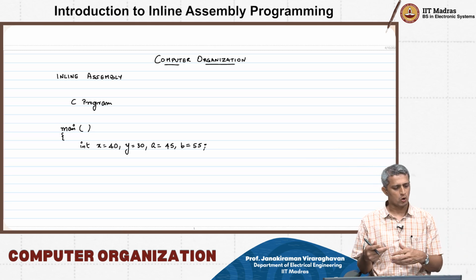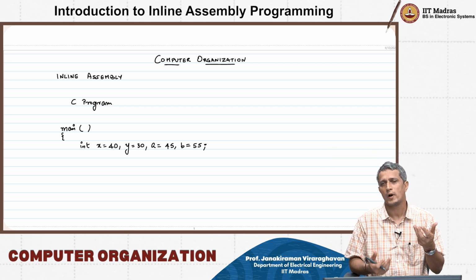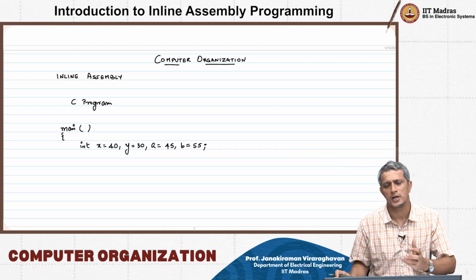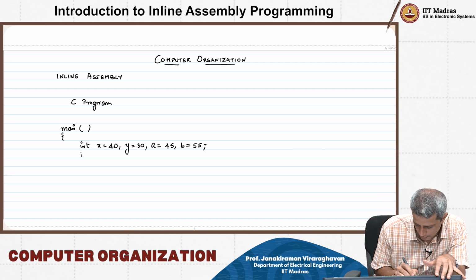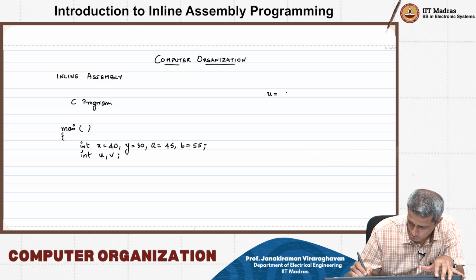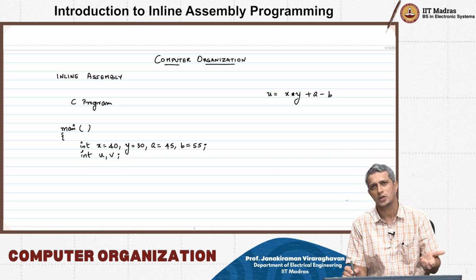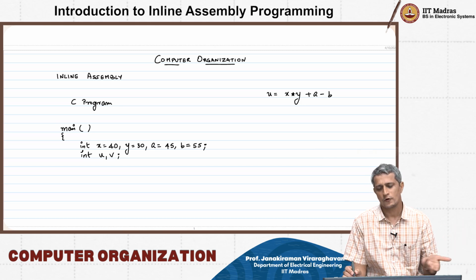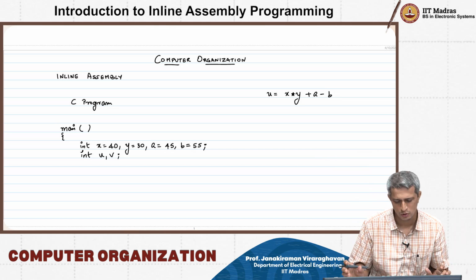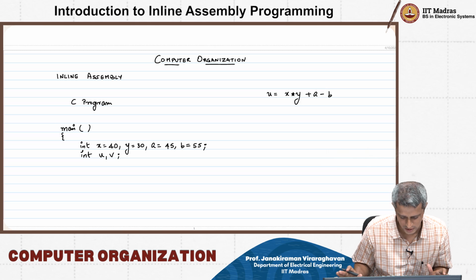Then I implement the function u equal to x into y plus a minus b. So this is going to be 40 into 30 plus 45 minus 55. 40 into 30 is 1200, minus 10, so you should get 1190 as the answer.